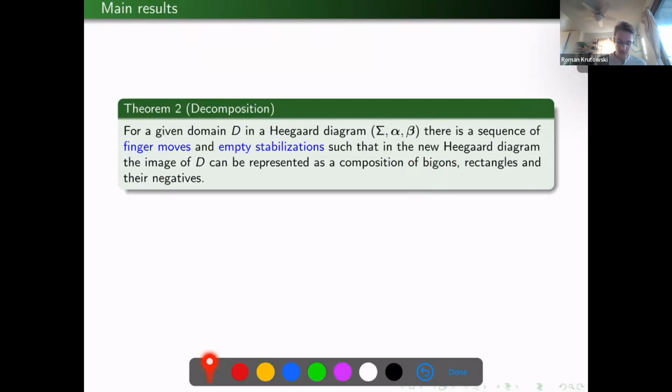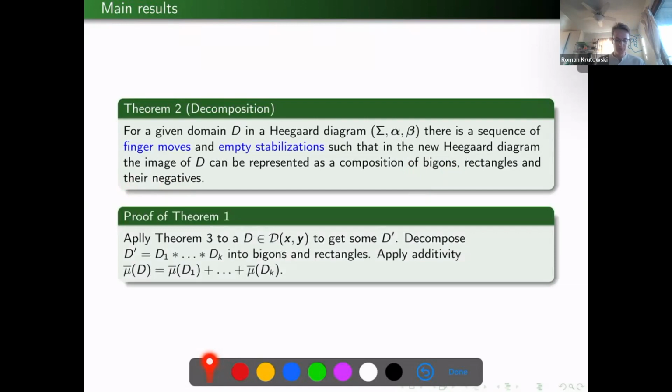And then the proof of theorem 1 follows. Assume we're given such a domain D, we apply theorem 2 to get some D prime, then we can decompose it into a joint sum of bigons, rectangles, and their negatives. And then by additivity, we have this, and we know all these numbers, whether ones or minus ones, according to properties 3 and 4.